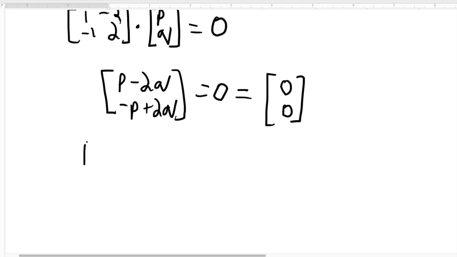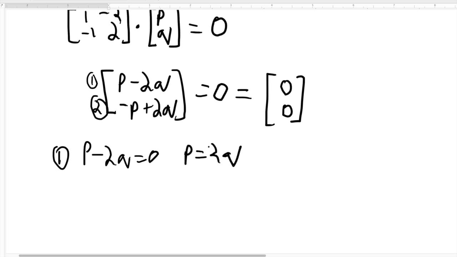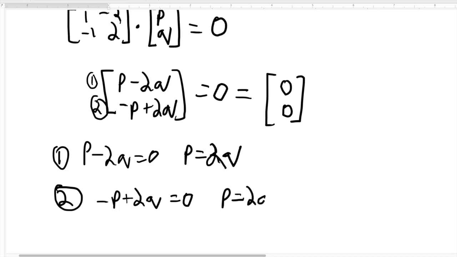From the first row, we will get P minus 2Q is equal to 0. So P equals 2Q. And if we look at the second row, we will get minus P plus 2Q is equal to 0. And so again, P equals 2Q.